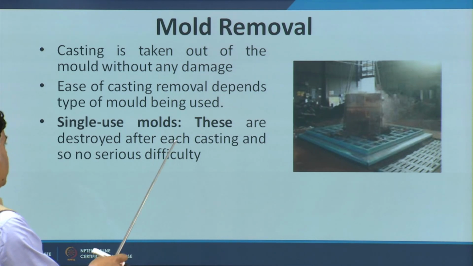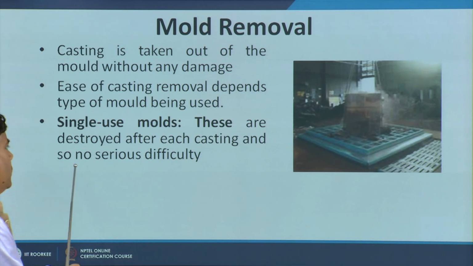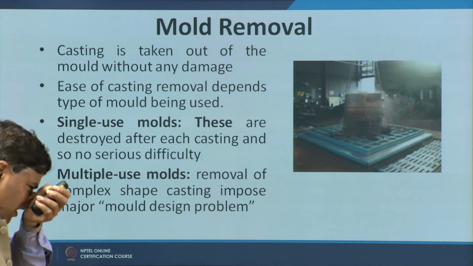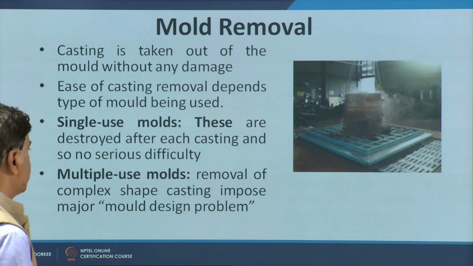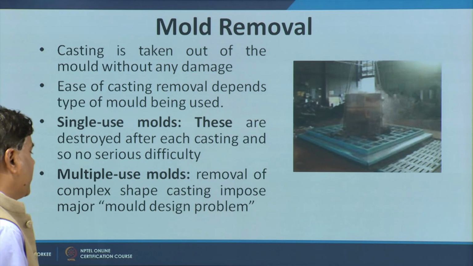Single use molds are destroyed after each casting, and there is no major problem, but in the case of multiple use molds, like metallic molds or die casting processes, the casting needs to be ejected properly using a mechanized arrangement.